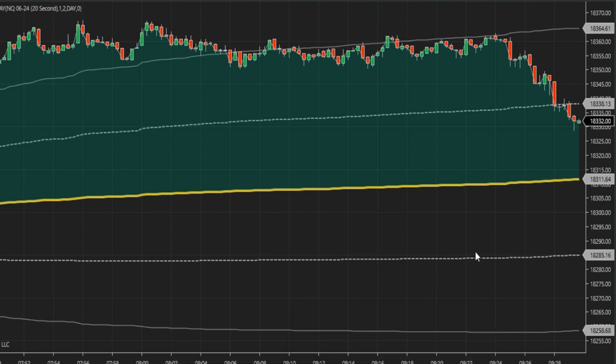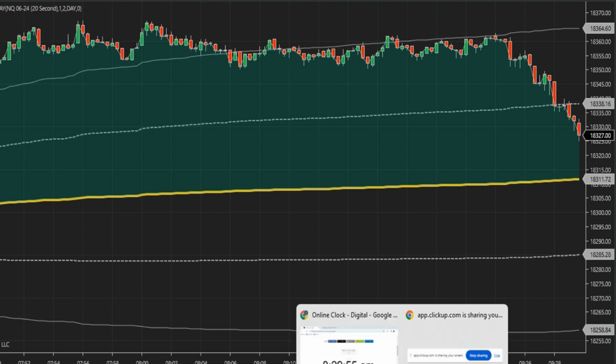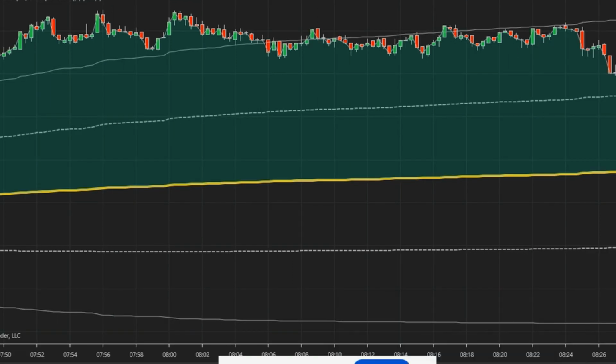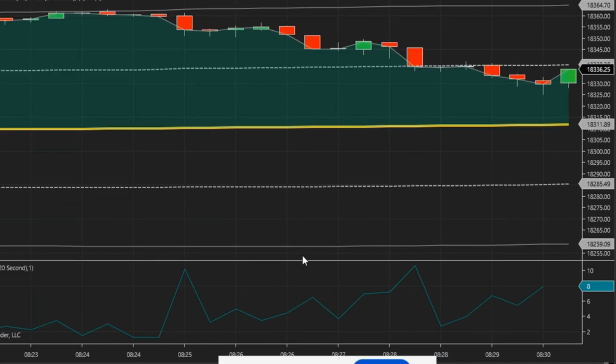The indicator that I use has the moving average in yellow and then utilizes standard deviations. So the dotted line is one standard deviation away, and then the clear lines at the top and bottom are two standard deviations away from the trading session when it began, so at 5 p.m. or whatever time that is.